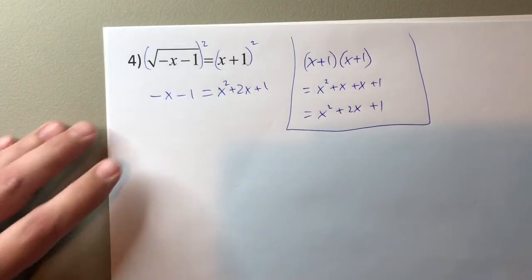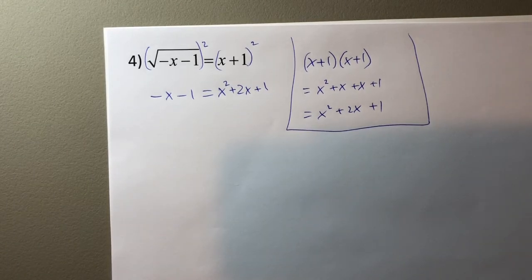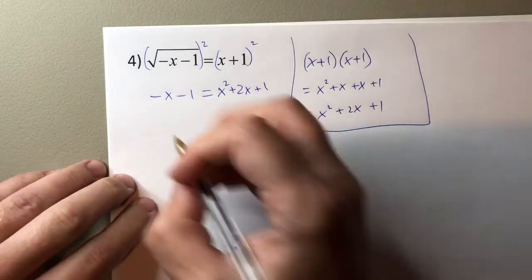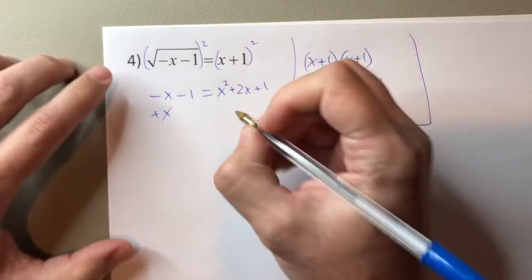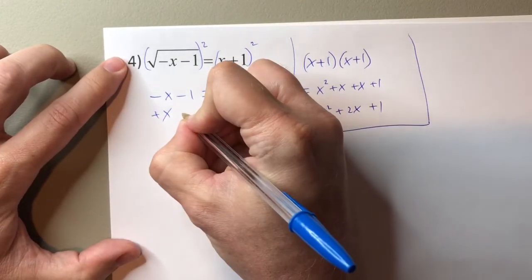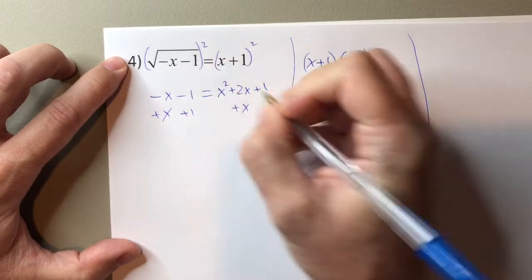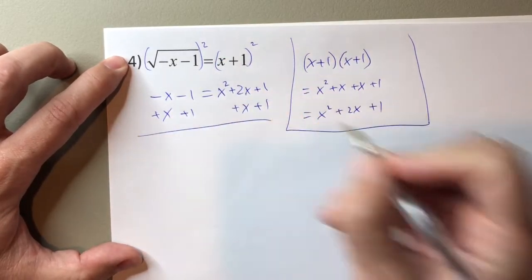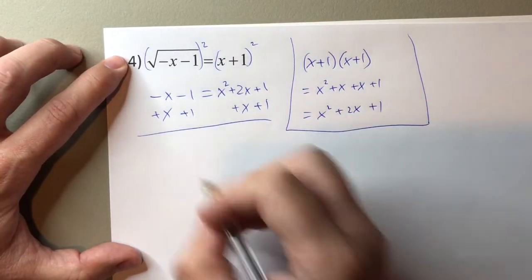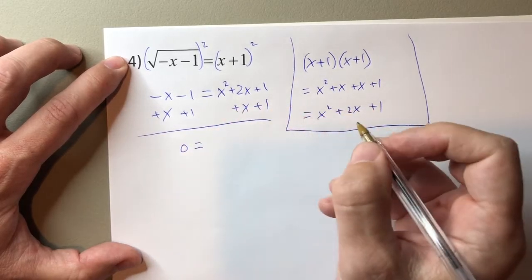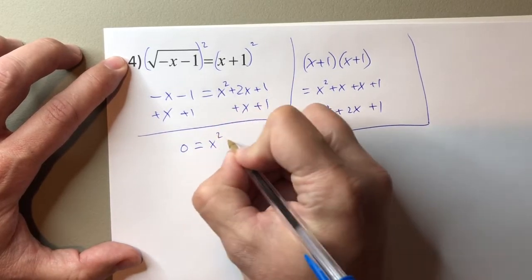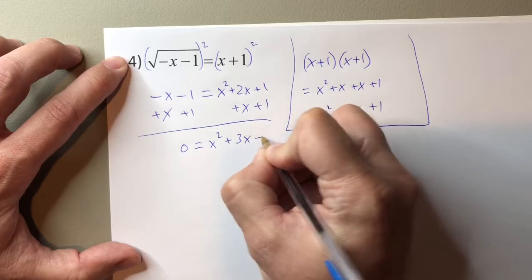All right, now, let's see if we can figure this thing out. So let's add x to both sides. And let's also add a 1 to both sides. And so what do we get? We get 0 is equal to what? X squared plus 3x plus 2.